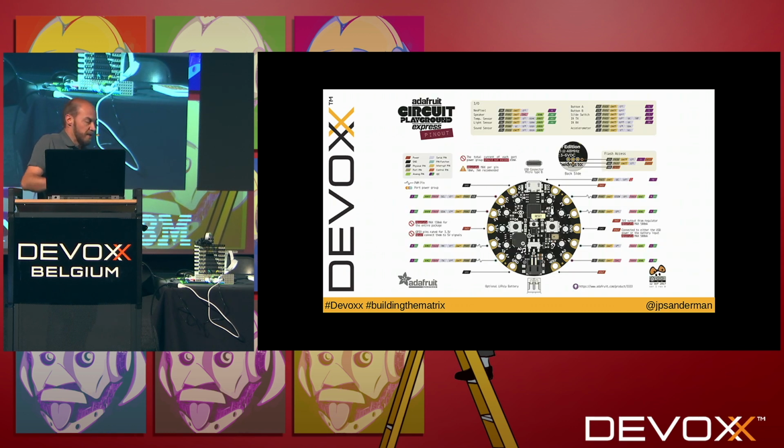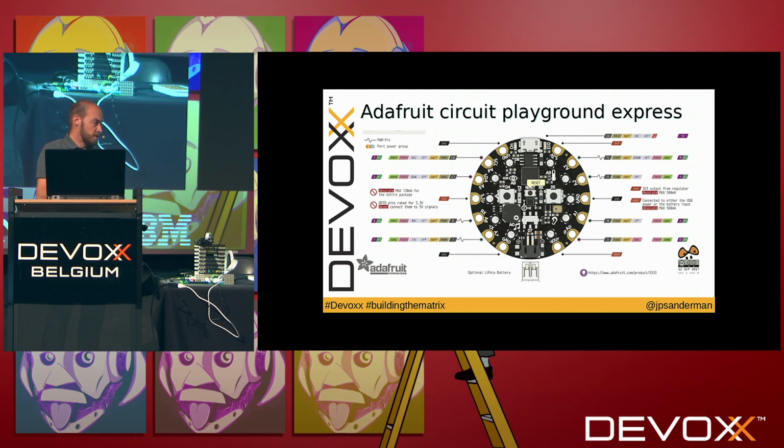Now, one last thing I want to show you is a piece of hardware that we used in one of the rooms. It's made by Adafruit and it's called the Circuit Playground Express. It's a small piece of hardware, a little bit smaller than the Arduino. It's a microcontroller, and it already has a lot of hardware on the board itself.